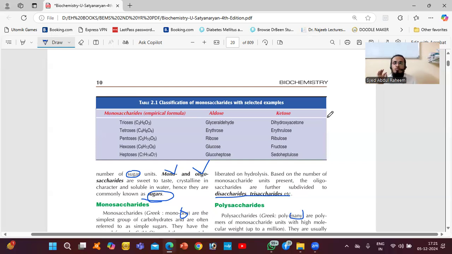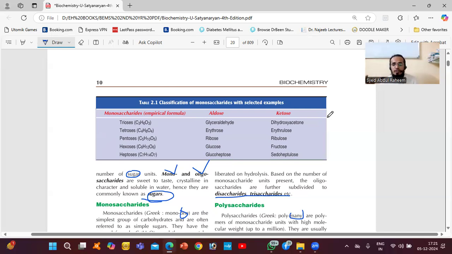In a monosaccharide, one single carbohydrate unit is there. They are simple sugars. In oligosaccharides, there are 2 to 10 sugar molecules. There are types also, disaccharides and trisaccharides.